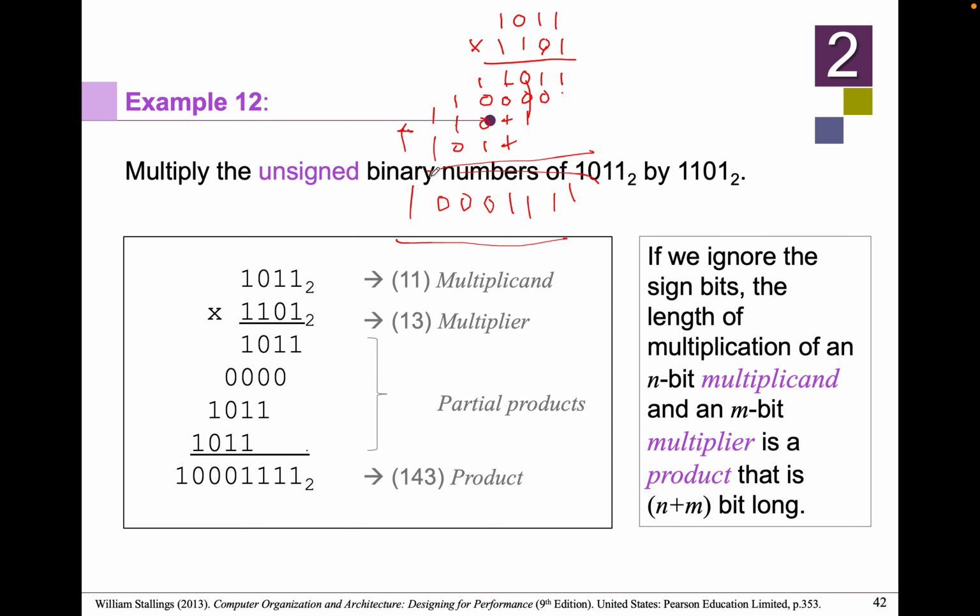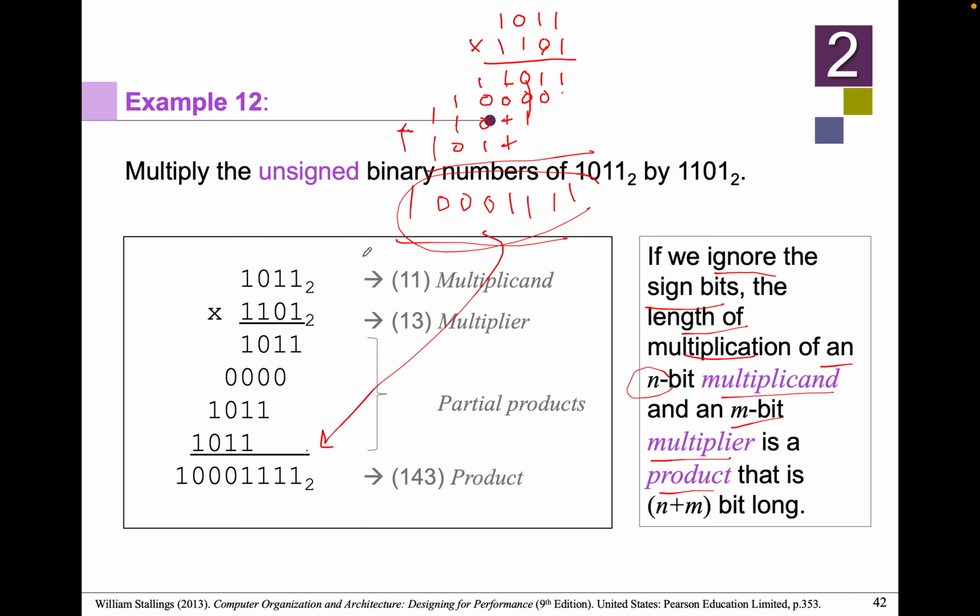So let's check our answer over here. It's totally similar. So you can see, if we ignore the sign bits, the multiplier is n bits and the multiplicand is m bits, and for n and m, the product is n plus m bits long.